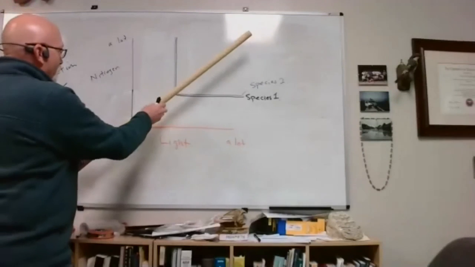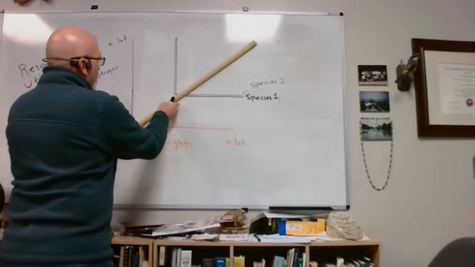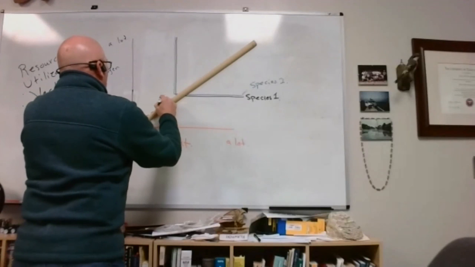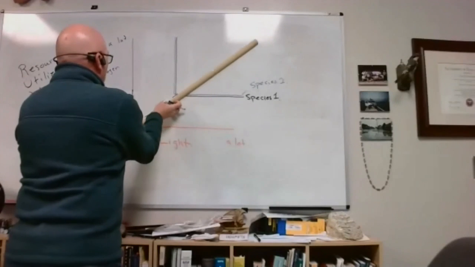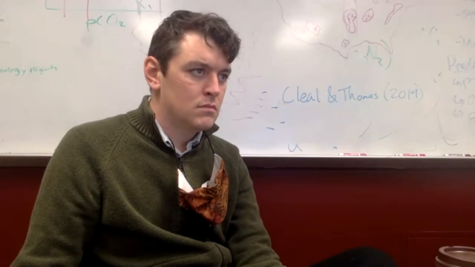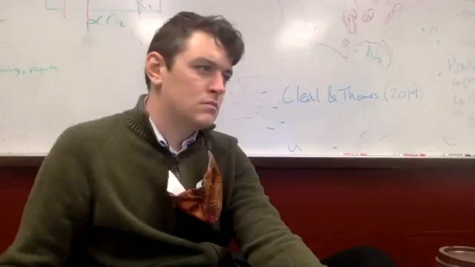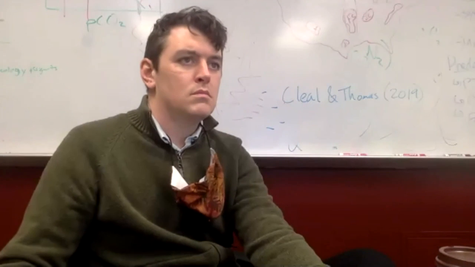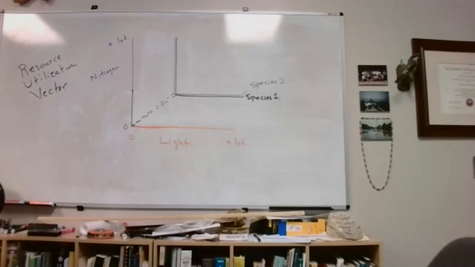If you use the resource utilization vector, there's not going to be any space in between them where they can coexist. Yeah, exactly. So we're going to draw it for species 1, and then we're going to draw it for species 2. They're really close to one another.